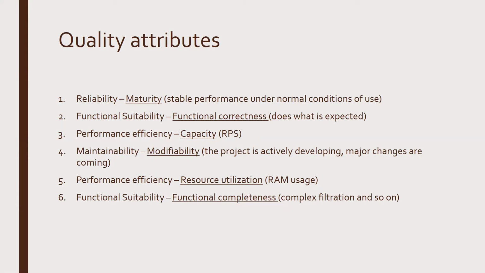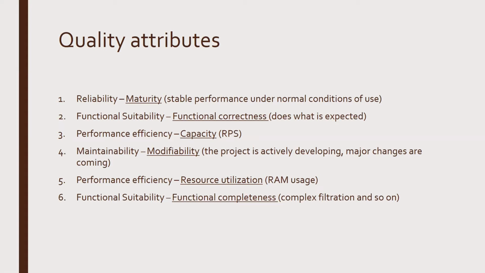Next is functional stability and the sub-characteristic functional correctness. So the product should work as expected from it. Next is performance efficiency and the capacity sub-characteristic, because we need some level of requests per second to withstand, to not spend a lot of money on more servers.